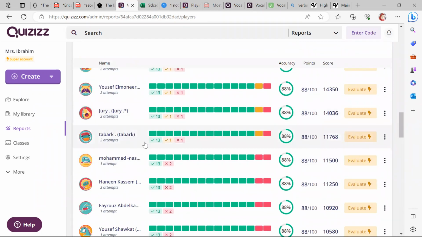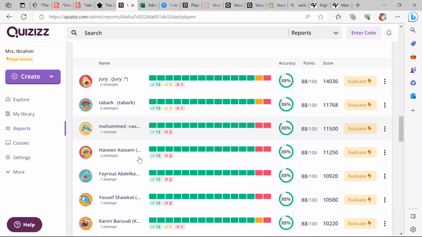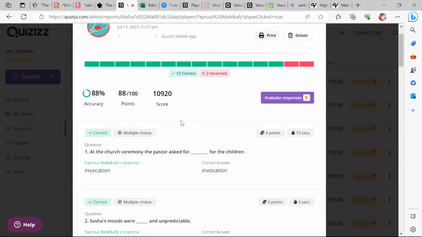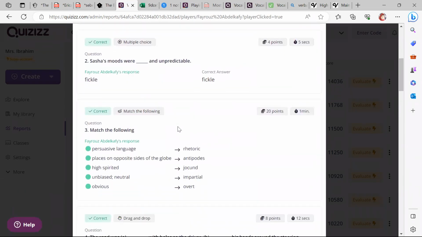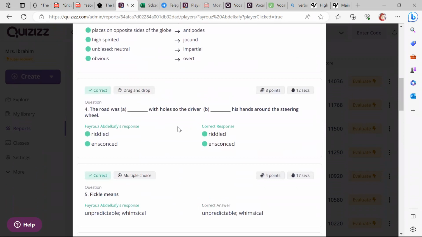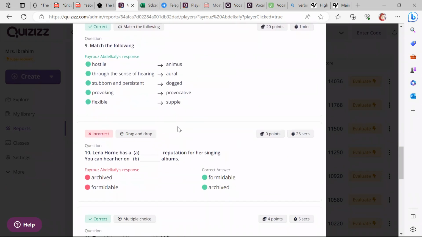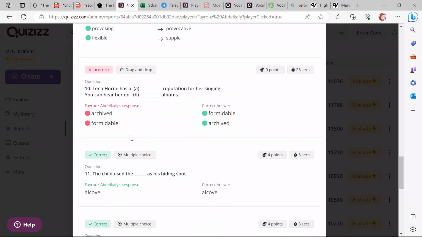Let's choose someone randomly. If I choose Fairuz, I'm gonna see that she did most of the questions correctly, and the 2 mistakes here are related to archived and formidable.